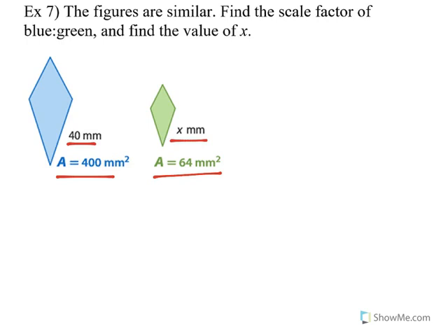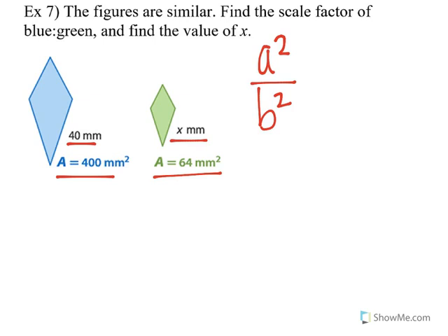So let's think about this. If they're giving me the areas, I know the ratio of the areas is A squared to B squared, where A to B is the scale factor. So I want to find the scale factor from blue to green.